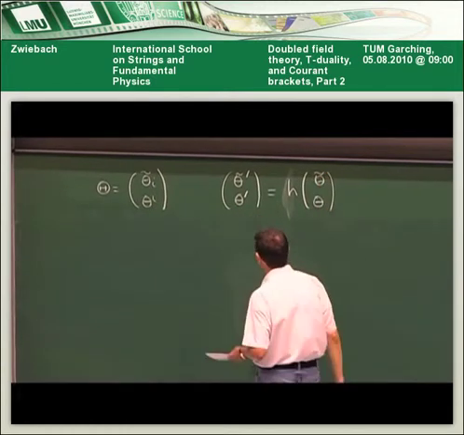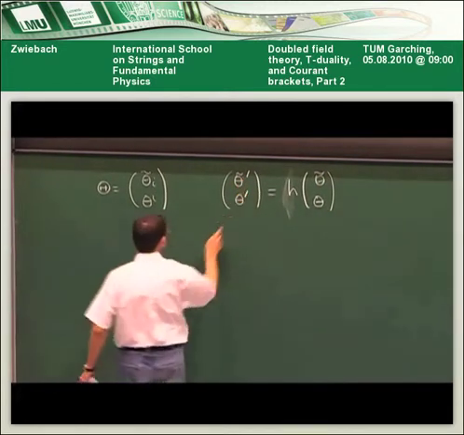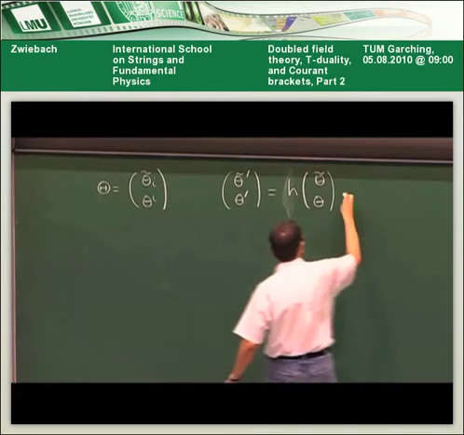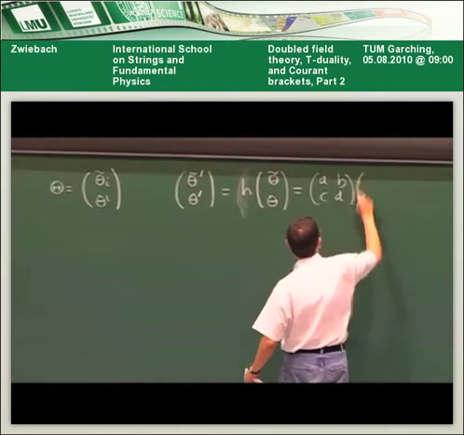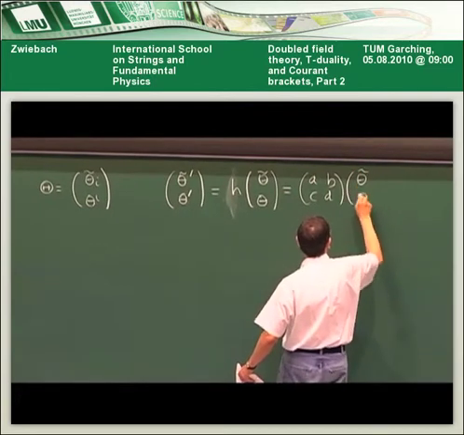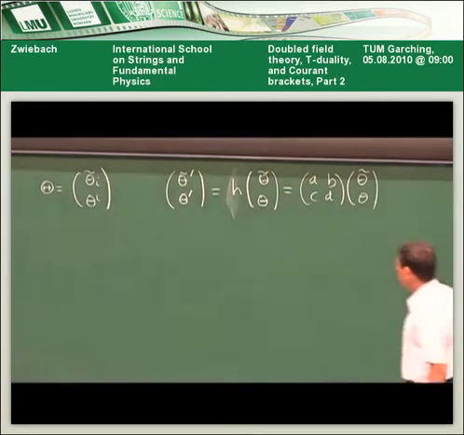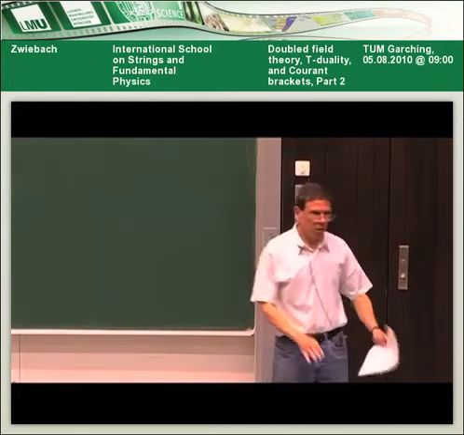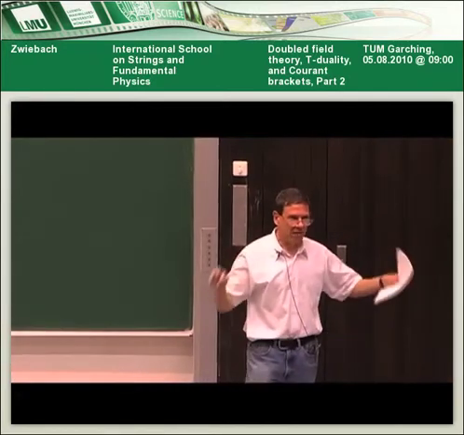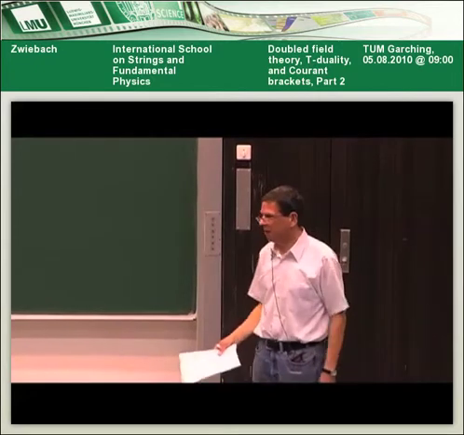So I suppress the indices, and I say the new one is equal to h on this one, or is equal to A, B, C, D, theta tilde theta. Okay, so this is what we call an object that transforms in the fundamental representation of ODD.